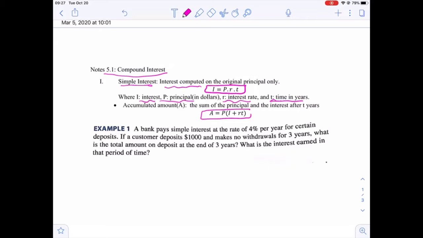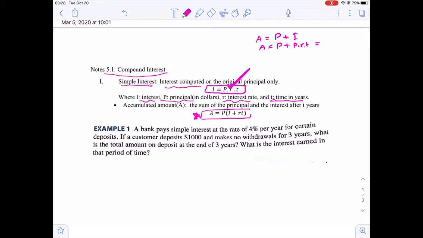And the reason is that, from where we get this formula, in the first year the accumulated amount is the principal plus the interest. But the interest is given here: it's PRT. This is after the first year, second year, third year, because this is simple interest.